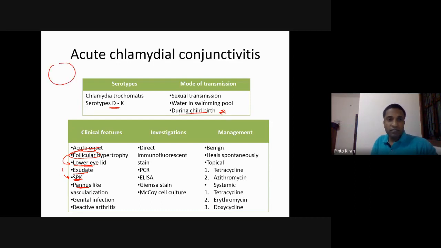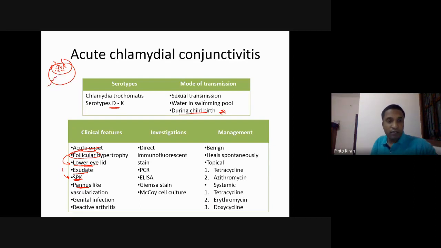What is pannus formation? Suppose this is the cornea, pannus. Then the cornea will get invaded by the blood vessels, and also they will leak out all the inflammatory cells. Okay, this is known as a pannus. Pannus is a vascularization with infiltration. It can be either a progressive one or a regressive one.